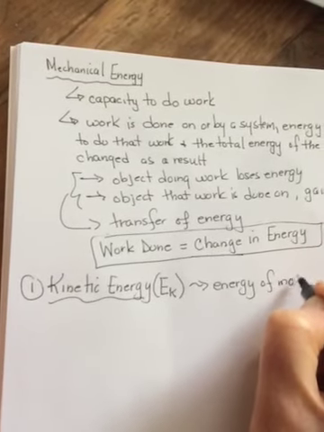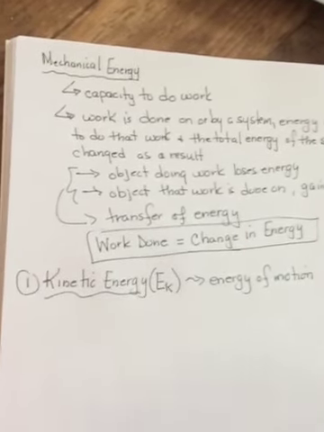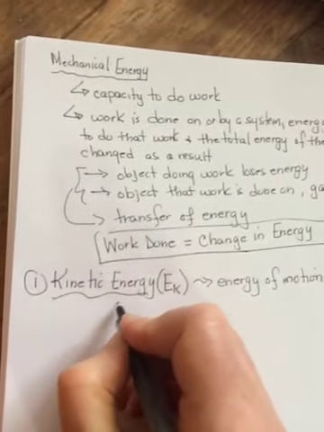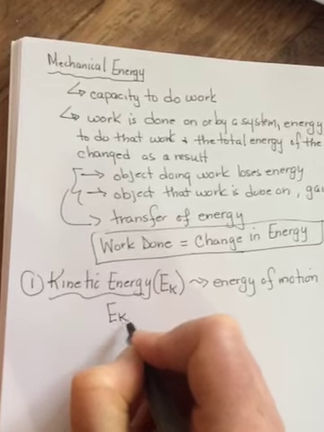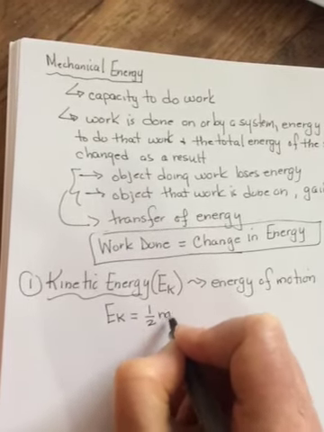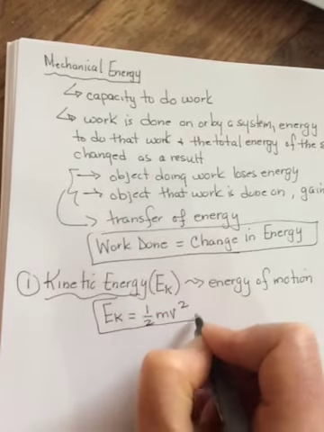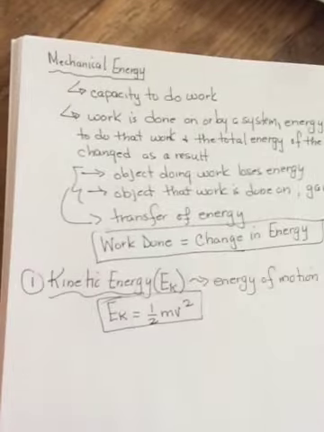So any object that is moving is going to have kinetic energy. Okay, the two things that kinetic energy depend on are mass and velocity. And the equation is simply 1/2 mv squared. This is our equation for kinetic energy.